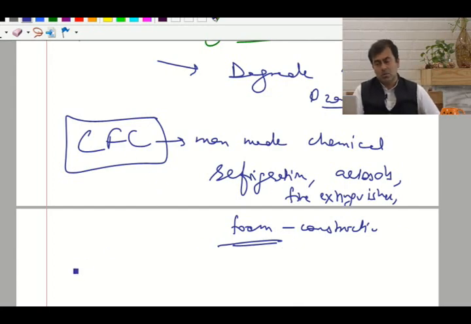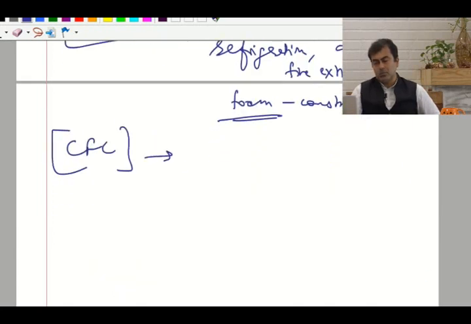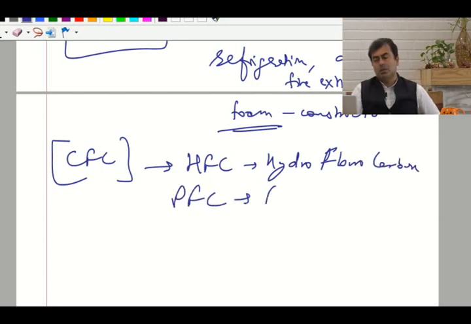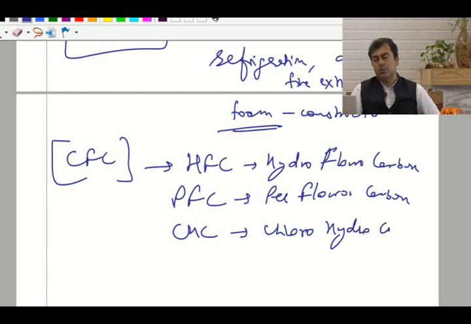Chlorofluorocarbon. What are these? You've heard of CFC. HFC, what is HFC? Hydrofluorocarbon. PFC, what is it? Perfluorocarbon. CHC, chlorohydrocarbon.